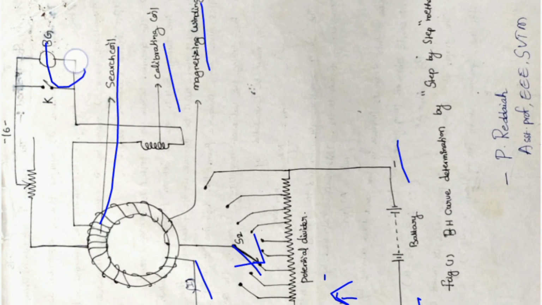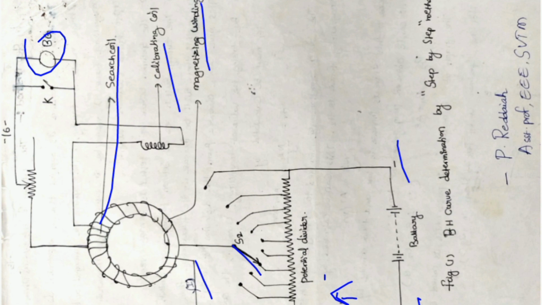It is a ballistic galvanometer, and a switch is provided across it because it is a sensitive instrument. This resistance is used to regulate the current through the search coil. If a huge current flows, the search coil will damage the ballistic galvanometer, hence we are using a protective resistance.